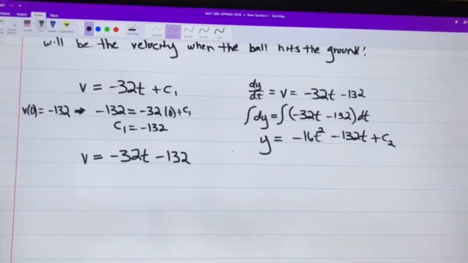Initially the ball is thrown downward from the tower, and again the tower is at 1,000 feet. This will turn out to be the value of the second constant.